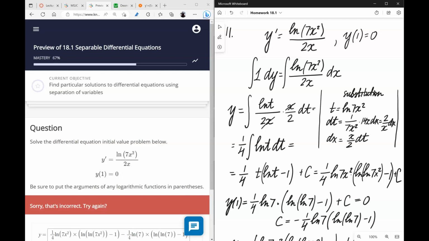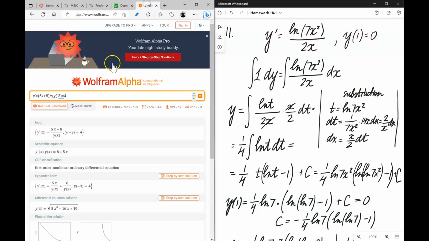So what I'm going to do is put it in Wolfram Alpha to see what Wolfram Alpha has to say about this.